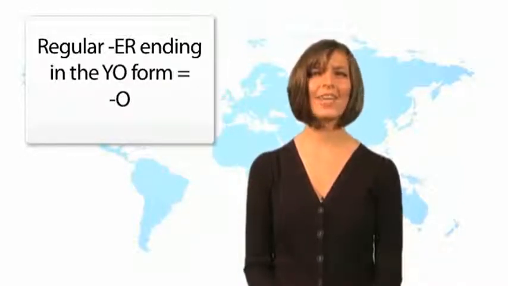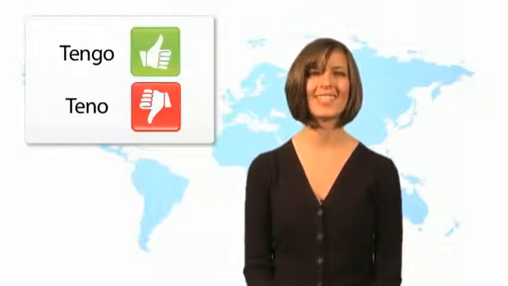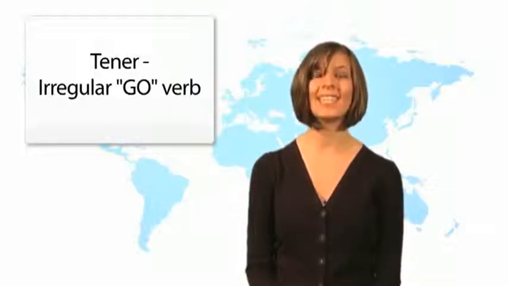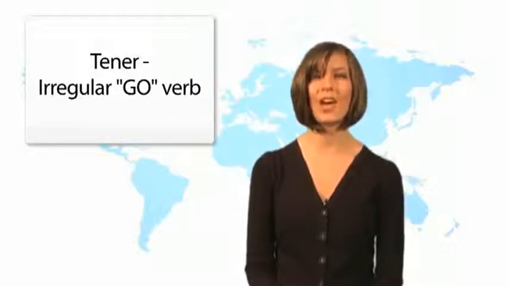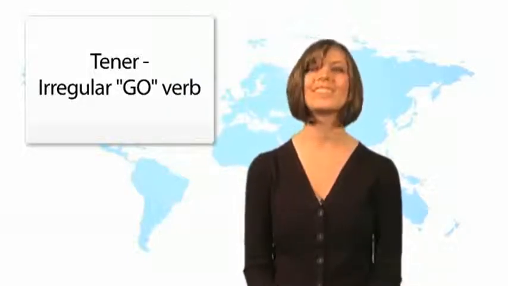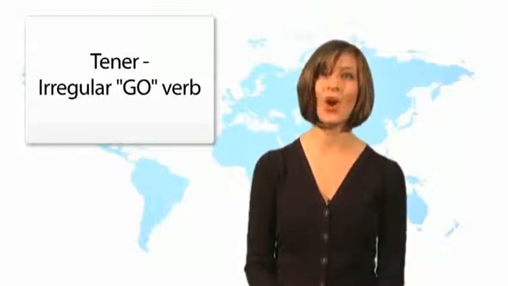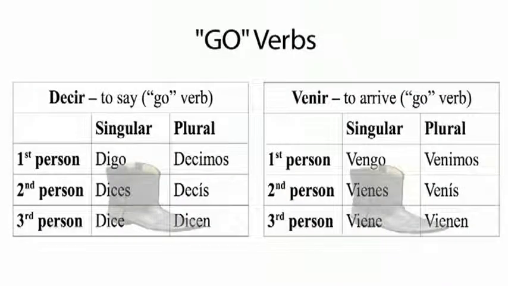Oh, so how do we get tengo instead of teno? That's because tener is irregular and is what a lot of people call a go verb since the yo form ends in go. Many go verbs like tener, decir, and venir are also stem-changing verbs in the tú, él, ella, usted, ellos, ellas, and ustedes forms.